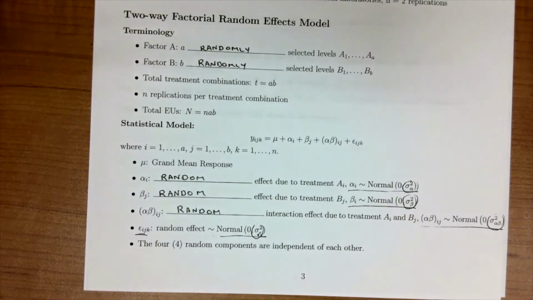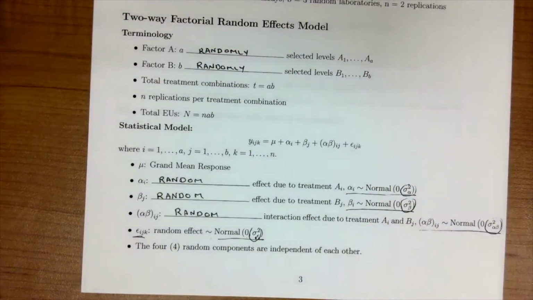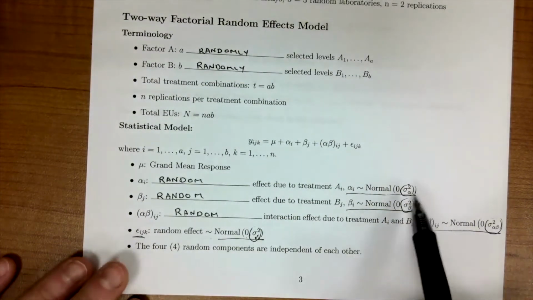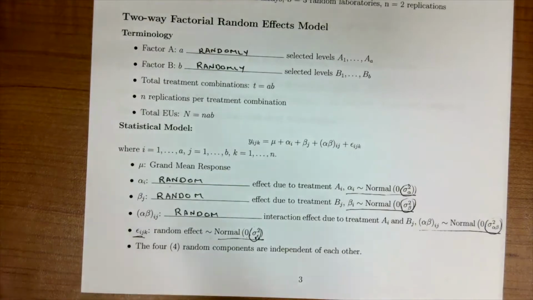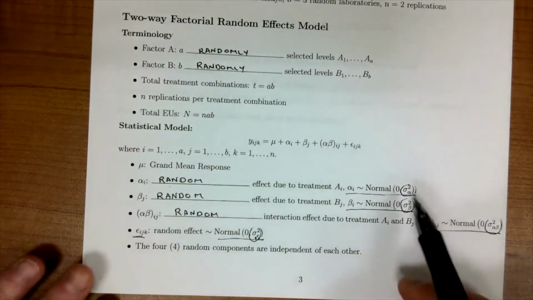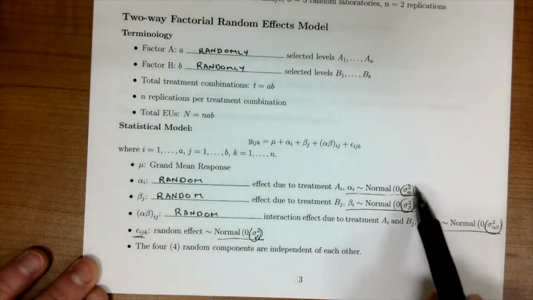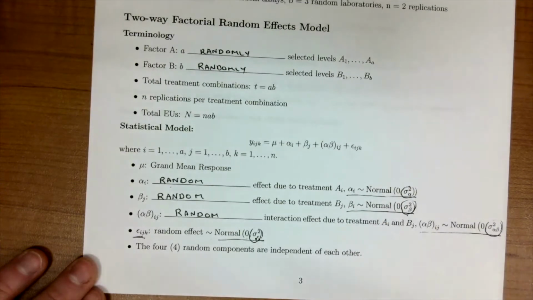In the subsampling lesson, we broke up our epsilon, this variance, into two parts, but now we're breaking it up so that our main effects have this extra variance component. The idea of this variance component is going to become more important as we move on and talk about inference, how we do follow-up analysis, and our hypotheses. But I just want to point out to you that we have these multiple variance components.